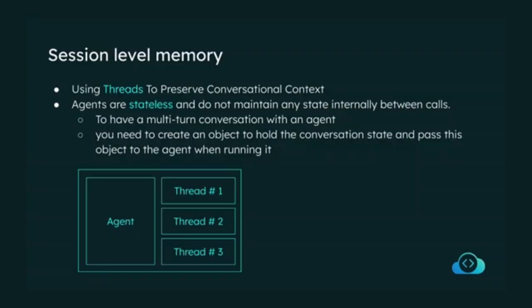Let's talk about session level memory. So it offers something like a thread, which introduces the state within an agent. The diagram here shows that one agent can have many threads. So it can preserve all of those different conversations separately, where each of their context is preserved, where each of their text is preserved, the historical conversations are preserved.